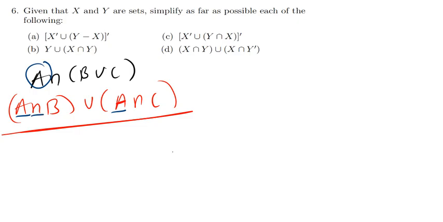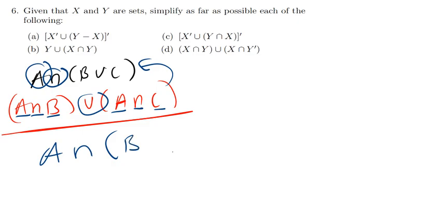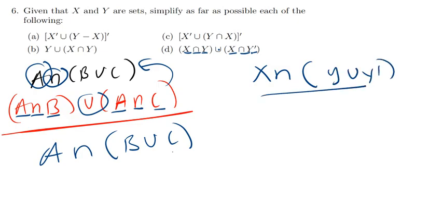If I want to take it back here, I'll say A intersect, open brackets, then I'll get B and C with union. So it's B union C. It's the same here. X appears twice. X intersection, there is Y here and this guy, then union will be in between. So Y union Y complement. What's the problem now?